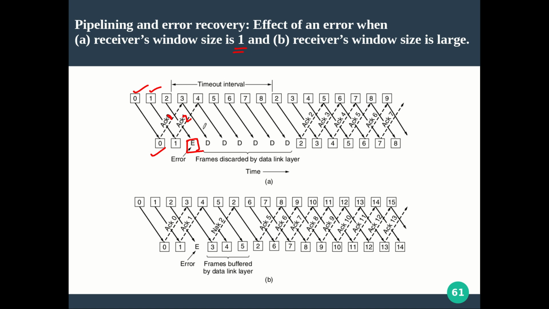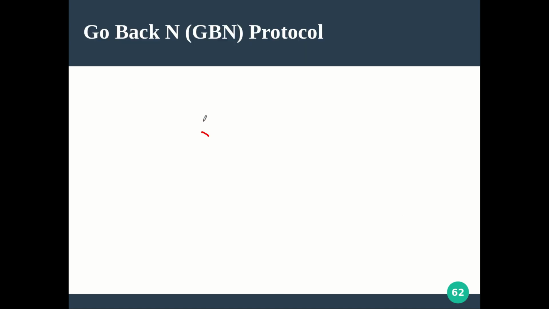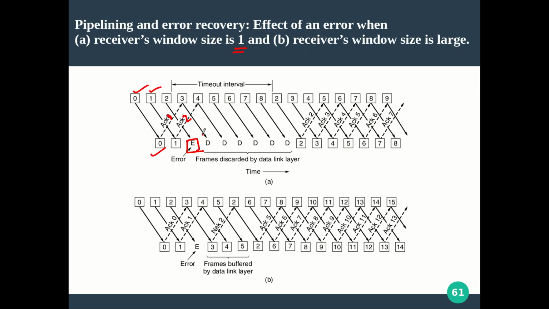So the receiver will simply wait until frame number 2 is correctly delivered at the receiver side. Meanwhile, because you are implementing the pipelining concept, without waiting for the acknowledgement of 2, you will send some more frames. So 3 you are sending, but as it reaches the receiver, it will simply be discarded.